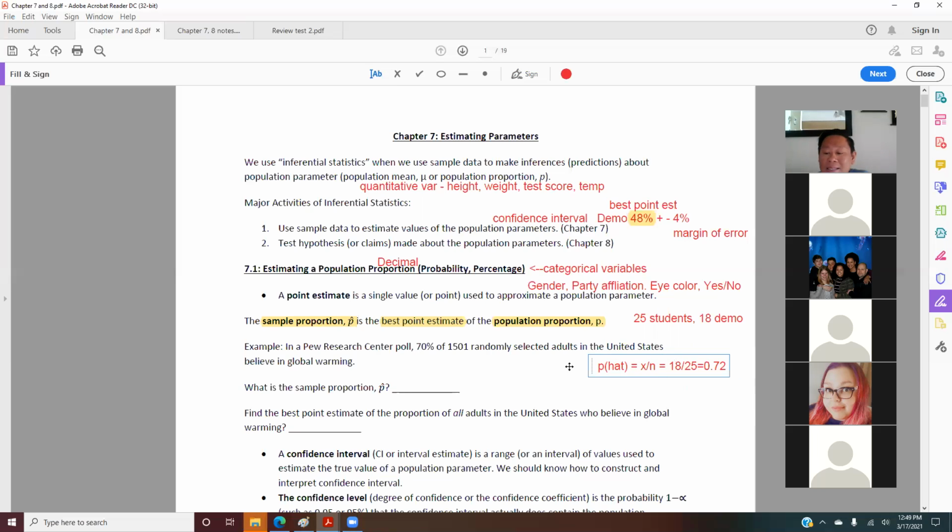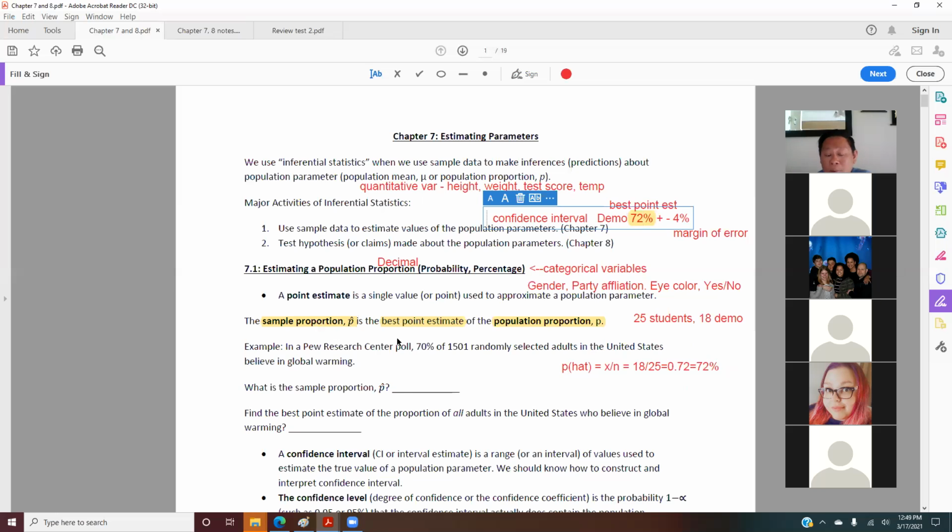This is the same thing as 72%. So this is your best point estimate. It's not 48 anymore, it's 72 based on this example. So this is how you figure out your best point estimate: you take the sample proportion.